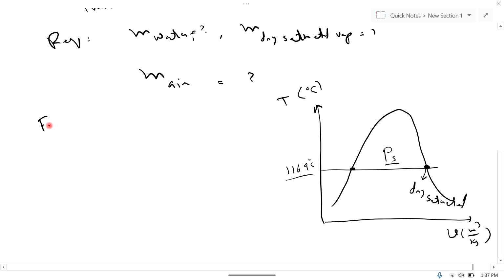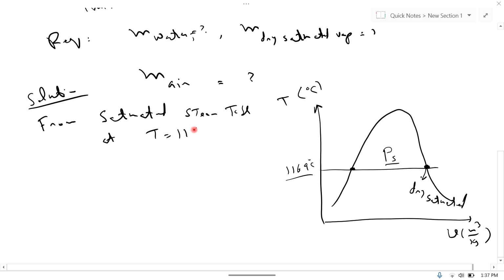From the saturated steam table, at temperature 116.9 degrees centigrade, find the saturation pressure, and this saturation pressure is basically the pressure of the dry saturated vapor.